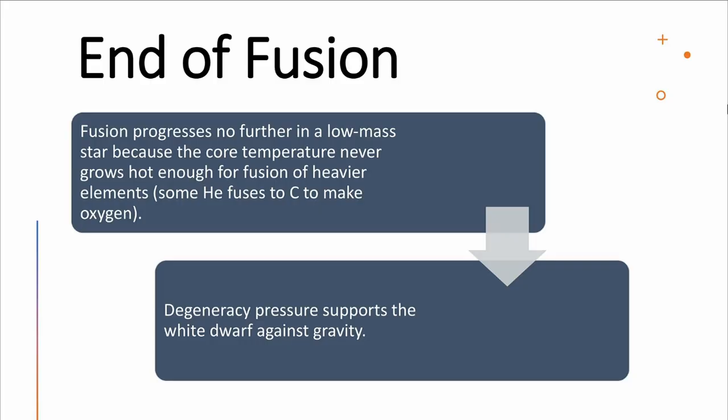And so the carbon in the white dwarf is being supported by this degeneracy pressure. So it's not like normal carbon that you would find in your pencil lead or something like that. This is a very exotic form of carbon that's being supported by this quantum mechanical effect.